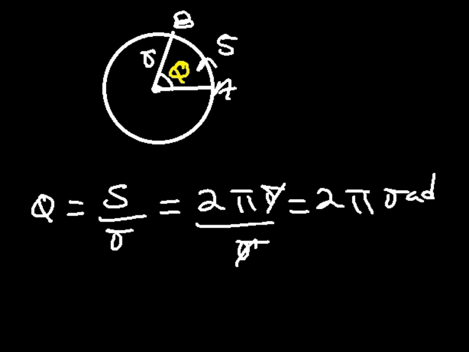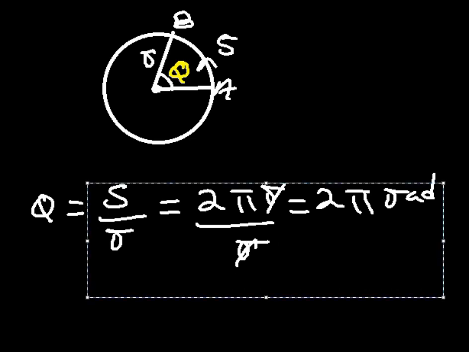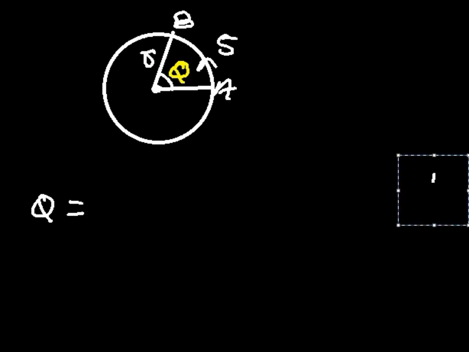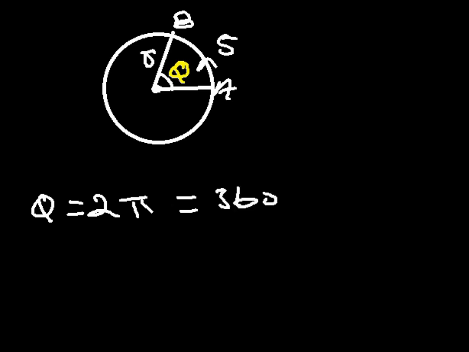Since the object has completed one complete turn, it means the object has rotated through 360 degrees. So the angular displacement is 2 pi in radians, and it is also 360 degrees.